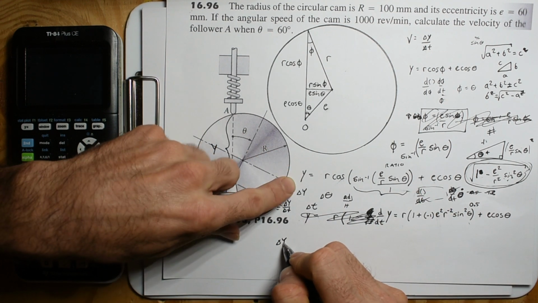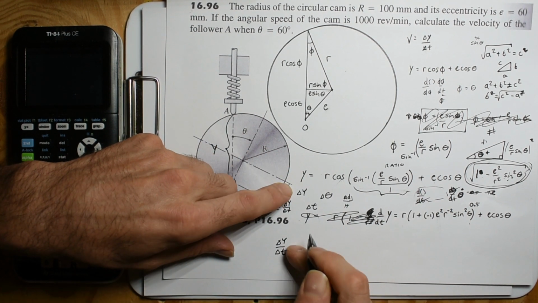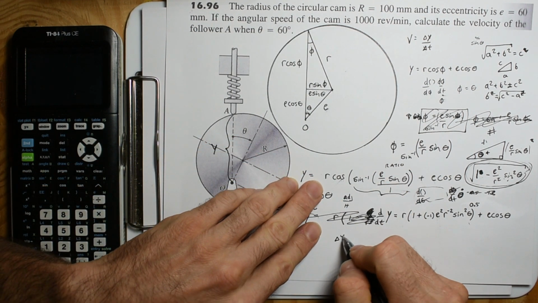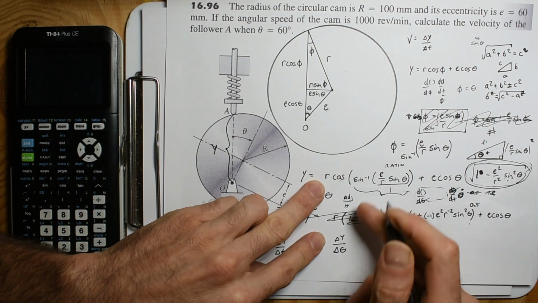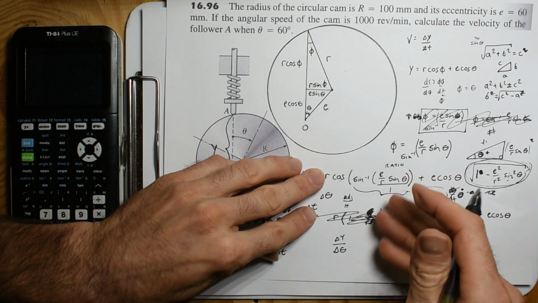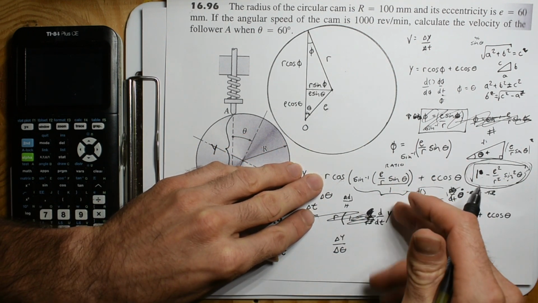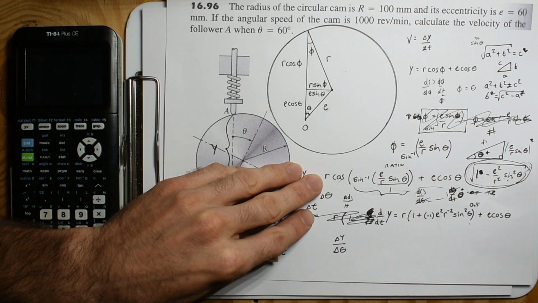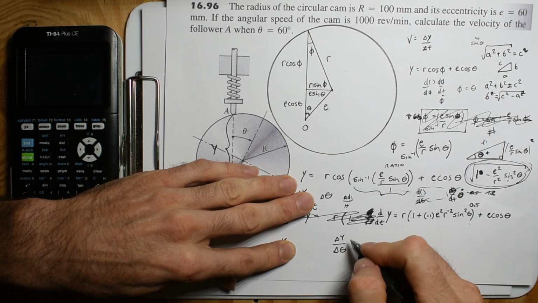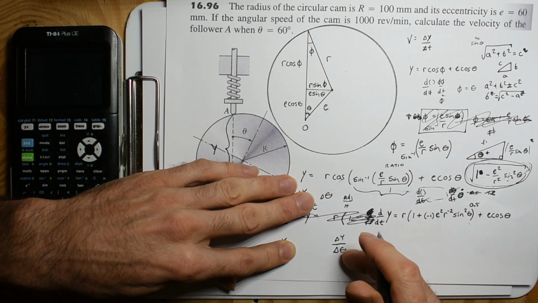We want change in y, change in t. Can't have it right away. But what we can have is change in y, change in the angle. That is literally the definition of, we're using all those rules of how to find a differential equation. But we need to take this change in angle and associate it with a time.